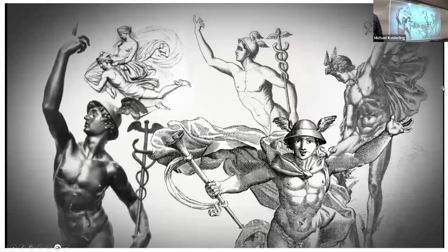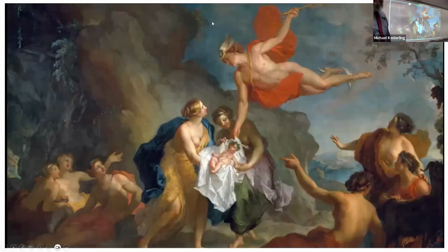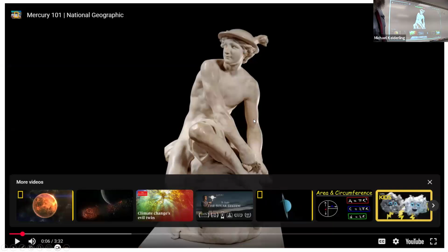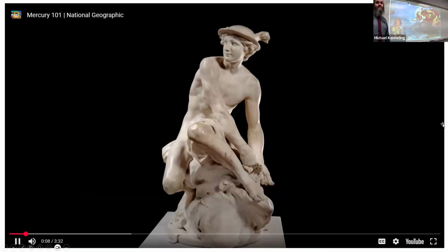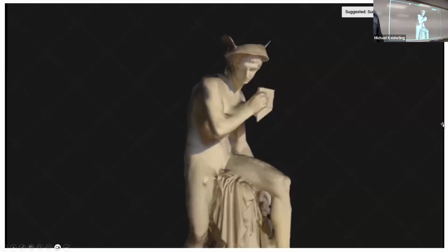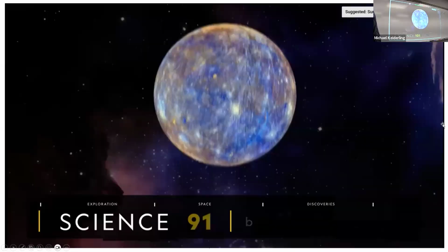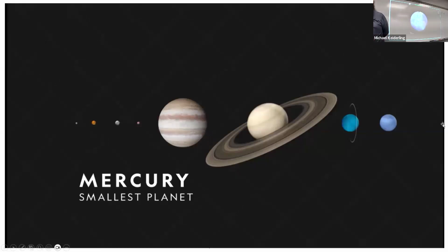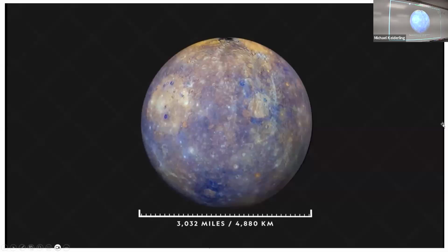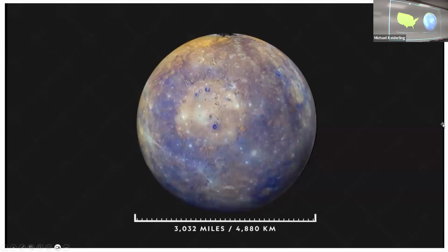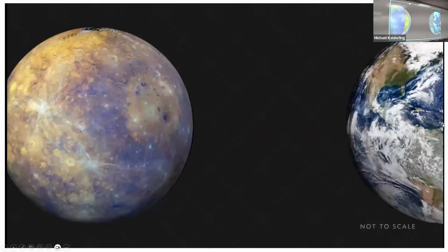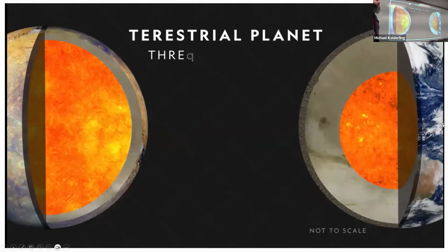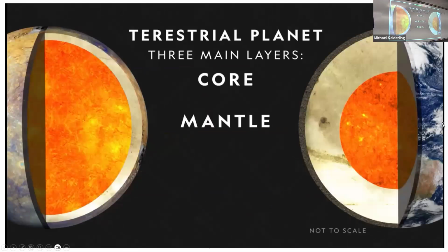The planet Mercury is named after the messenger of the Roman gods, because even the ancients could see how swift and fleeting it is in the sky. But it wasn't until recently that scientists began unraveling Mercury's many mysteries. Mercury is the smallest planet in our solar system. Its diameter currently measures just over 3,000 miles, about the size of the continental United States. Like Earth, Mercury is a terrestrial planet with 3 main layers: a core, a mantle, and a crust.